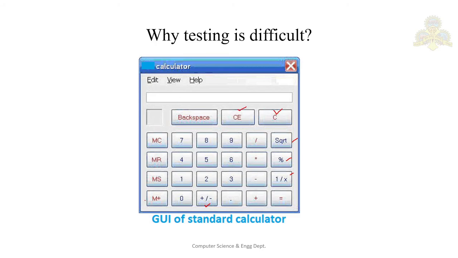Then we have M plus, to add to the memory, MS to save in the memory, MR to recall from the memory, and MC to clear the memory. The other things are very common. You must be knowing all the other things, right?